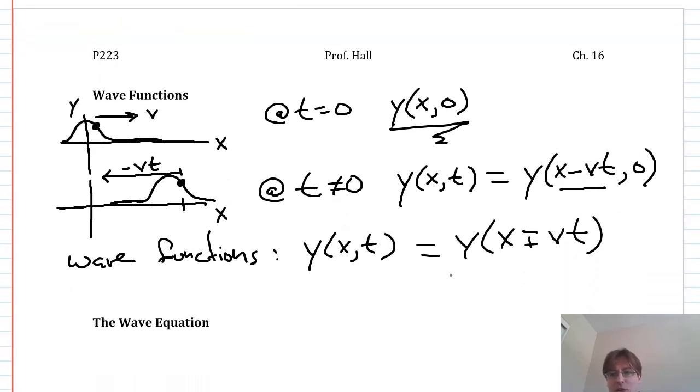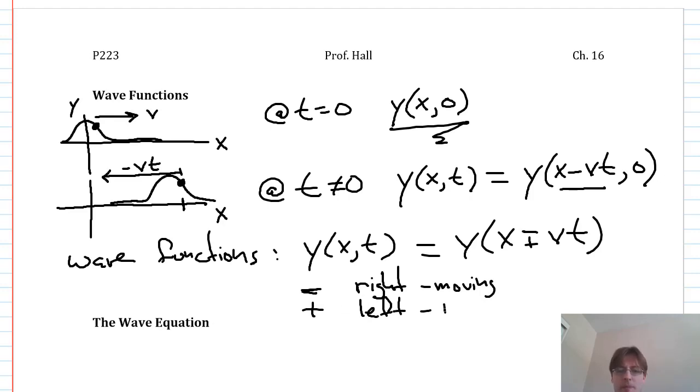You would use a minus sign for right moving, and you have to use a plus sign if they're left moving waves. Notice carefully, negative if they're traveling in the positive x direction, so it might sound backwards, but if you understand the argument, then it's clear.